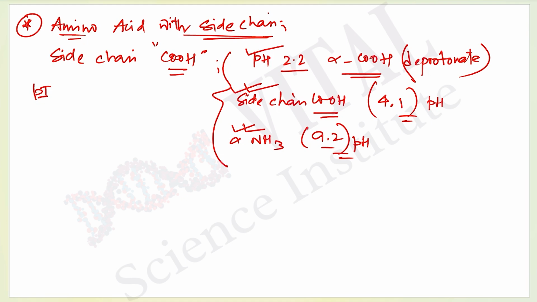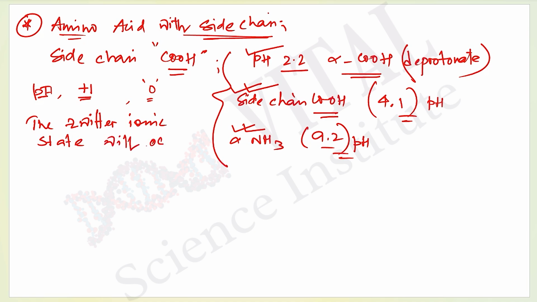From this, if we need to calculate the pI, we have to understand that after the start of deprotonation from the alpha carboxyl group, the net charge will still be plus 1. When deprotonation has occurred from both the alpha carboxyl group and the side chain carboxyl group, the net charge of this entire amino acid will reach 0. That means a typical neutral state.